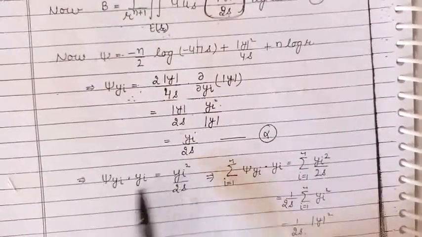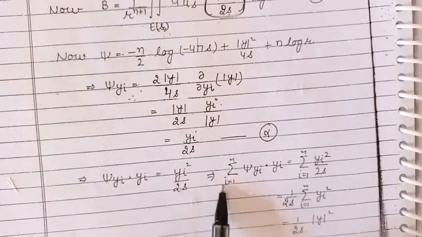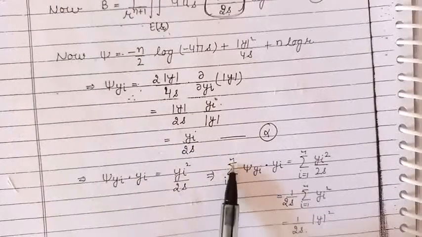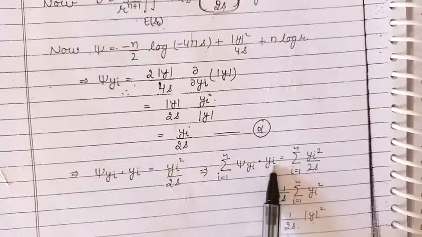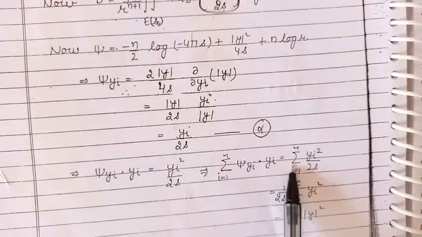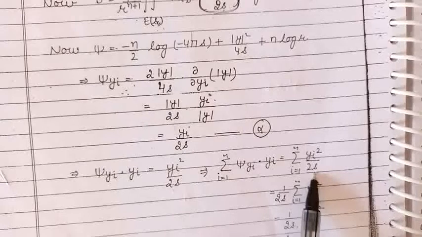Now let us multiply both sides by yi and take the summation from 1 to n. So we get summation ∂psi/∂yi into yi is equal to summation yi square upon 2s. Now y1, y2, y3 up to yn are the components of y.